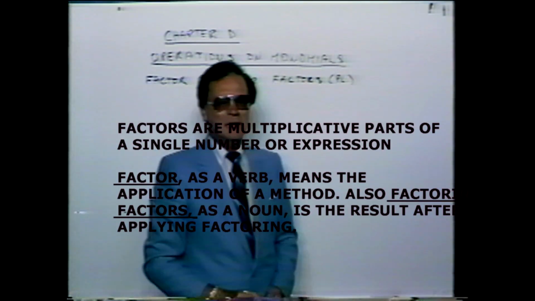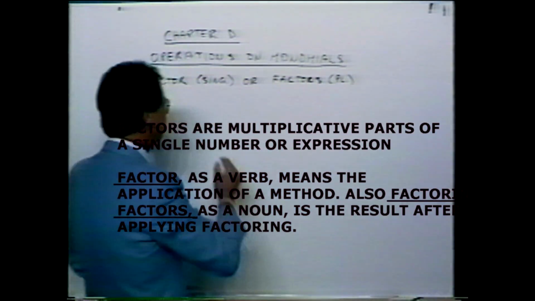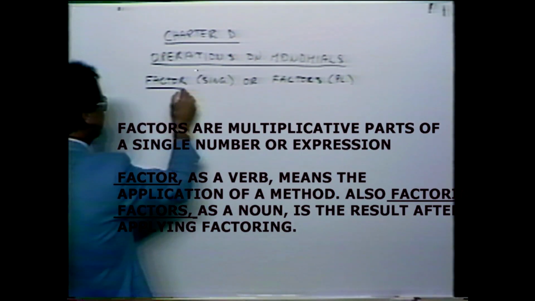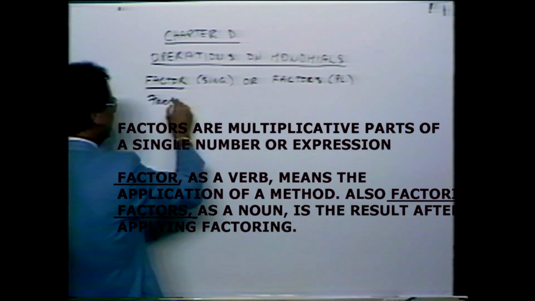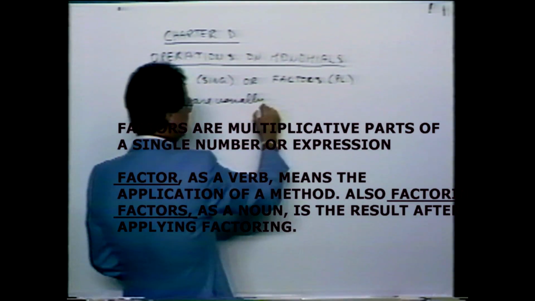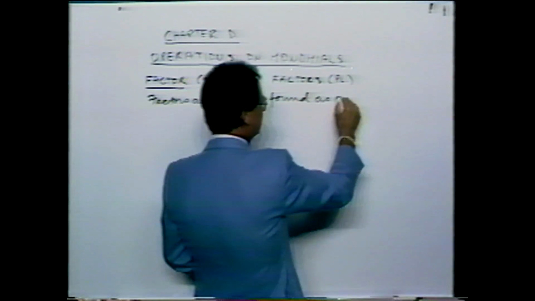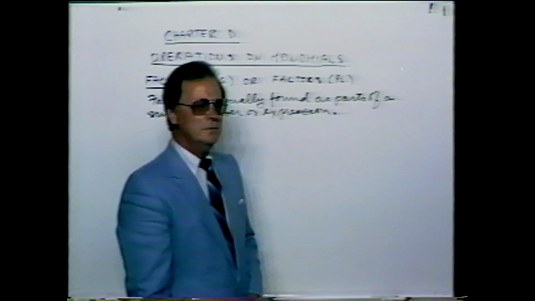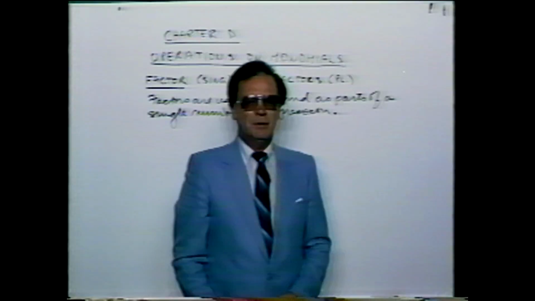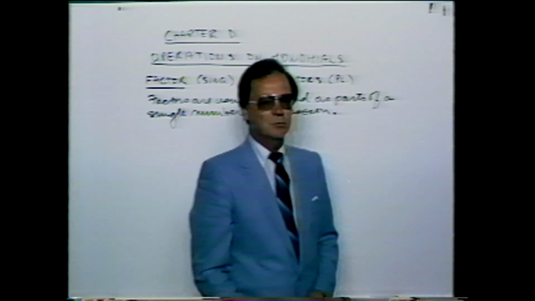Factors are usually found as parts of a single number or expression. Factors are multiplied together to produce a product or an indicated product.